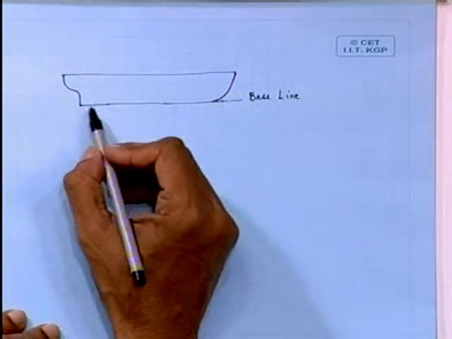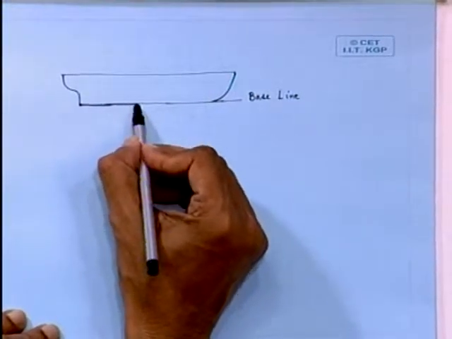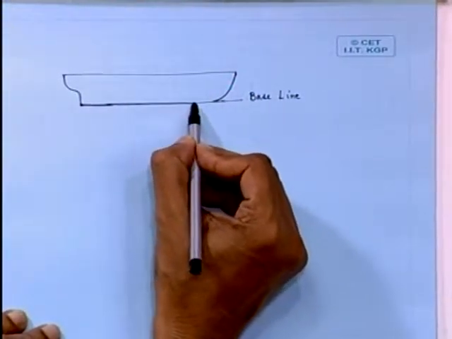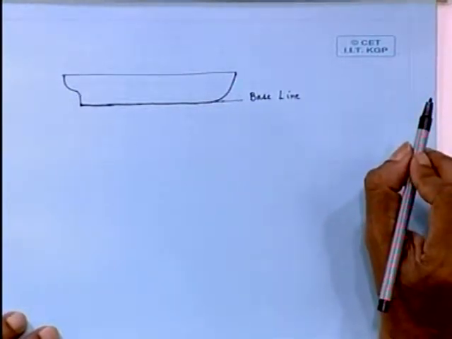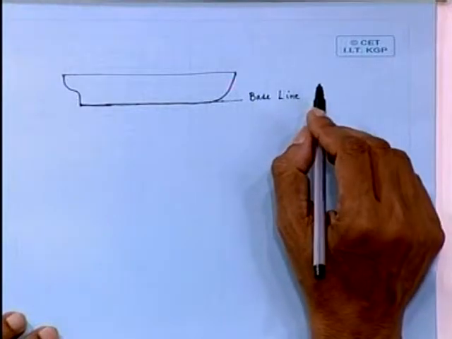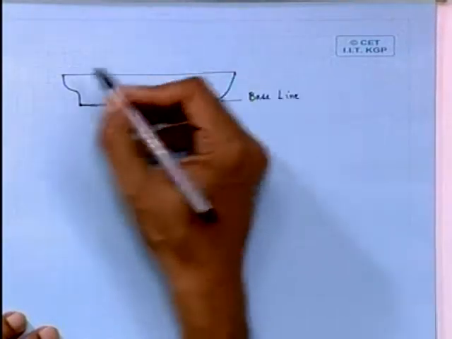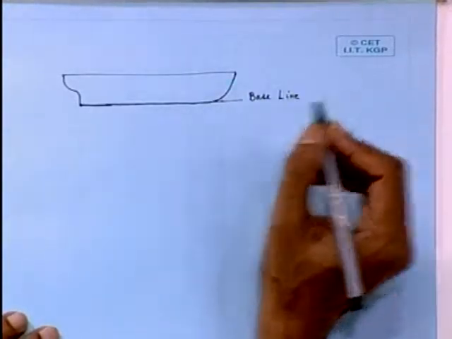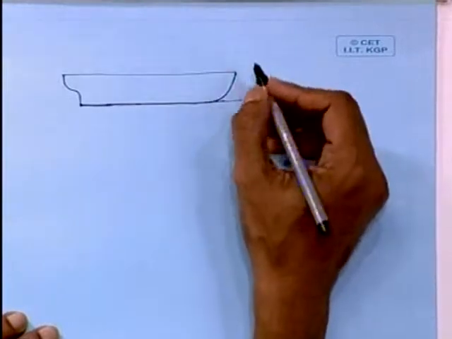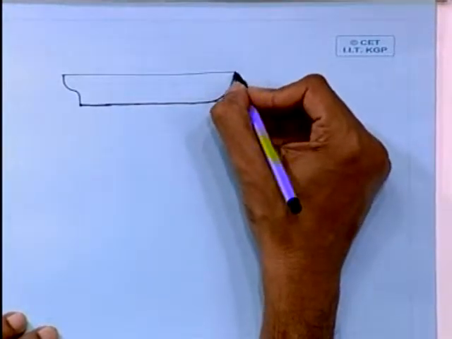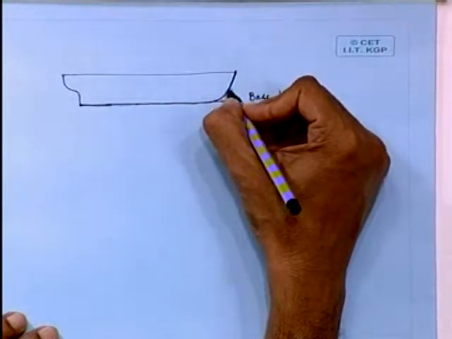You have to fix up a baseline, or what is called the datum line. Next, the intersection of the hull form with the center plane will give you the forward shape of the stem.